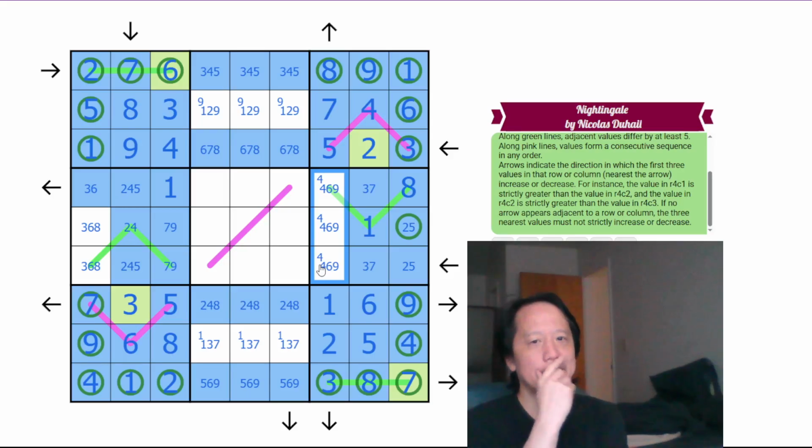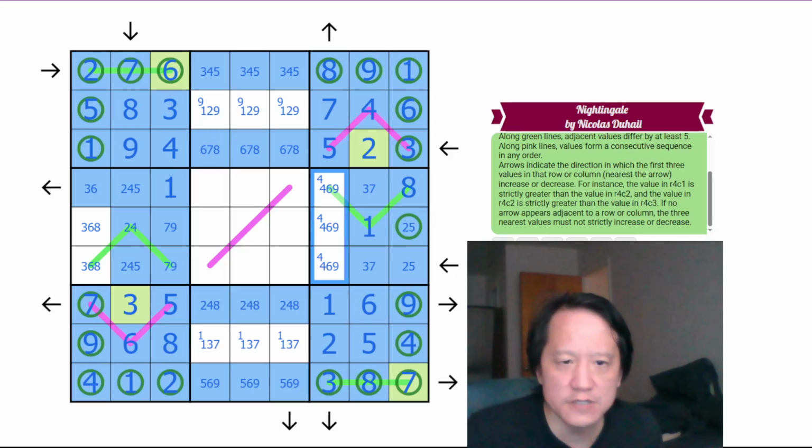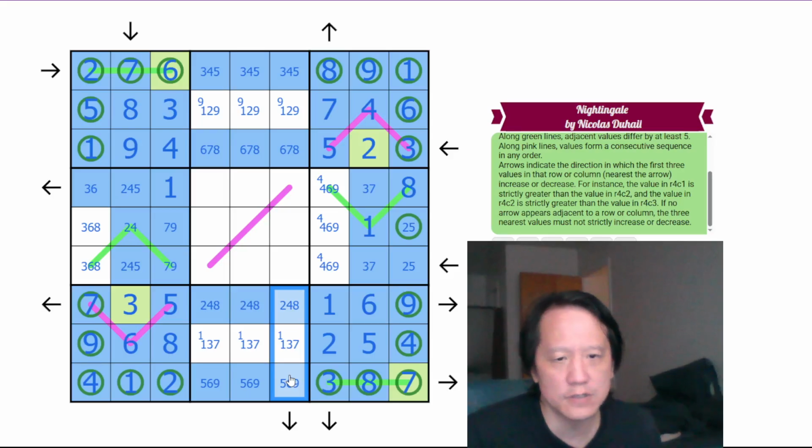Okay. This is consistently increasing. So this cannot be the 1 doubled, because if this is 1 doubled, this is at most 2 here.